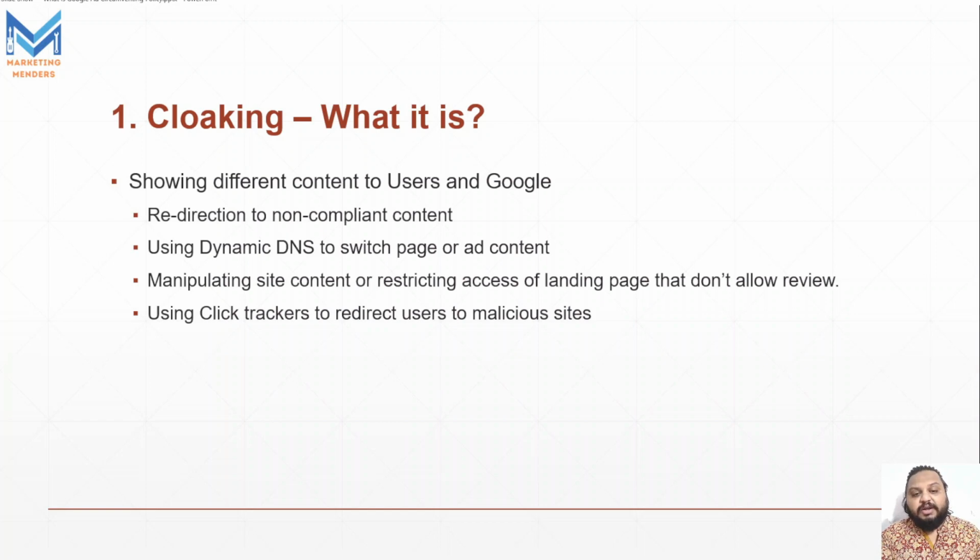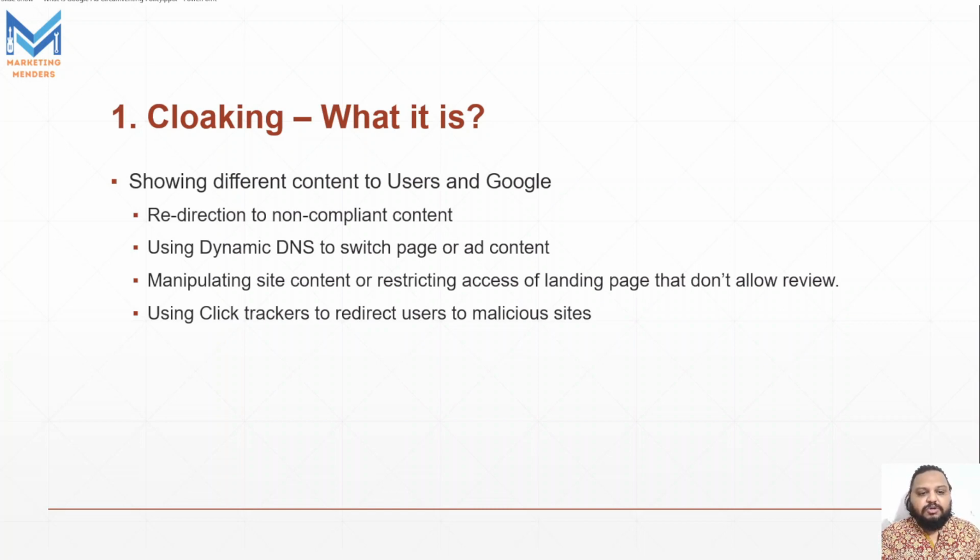Number three, manipulating site content or restricting access of landing pages that don't allow review. You have created a landing page wherein you have set up a condition that Google Ads will not be able to review it. You have used the IP address of Google bots and you have added it to your server, so that whenever Google bots come, they will not be able to see your landing page.